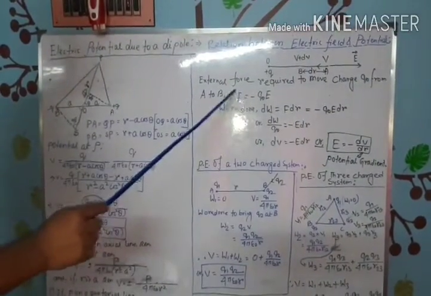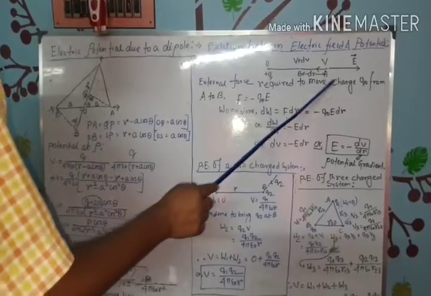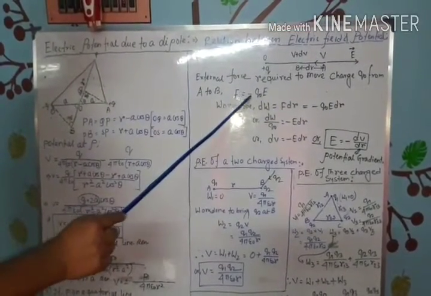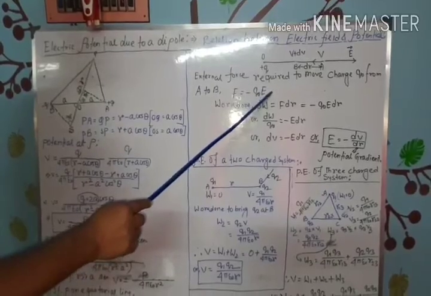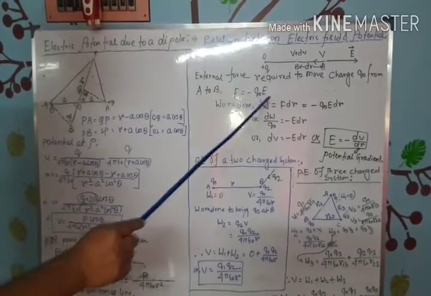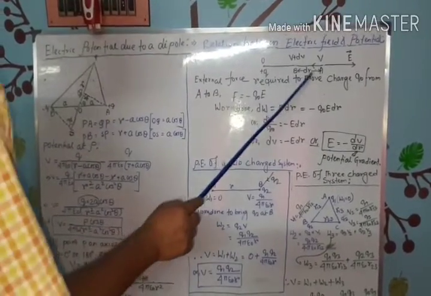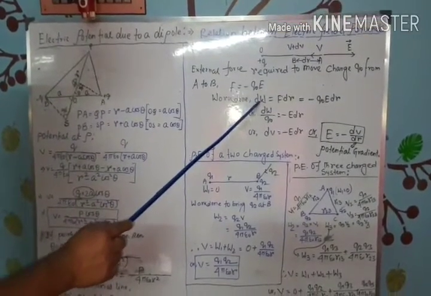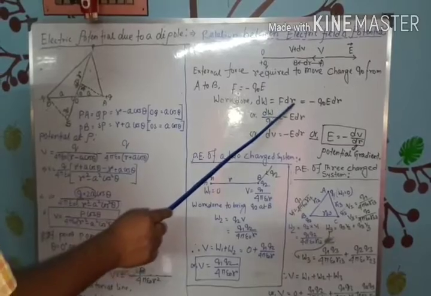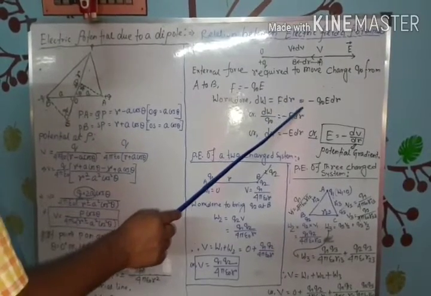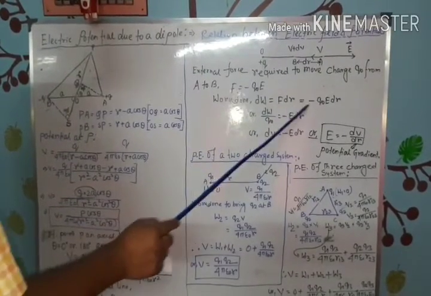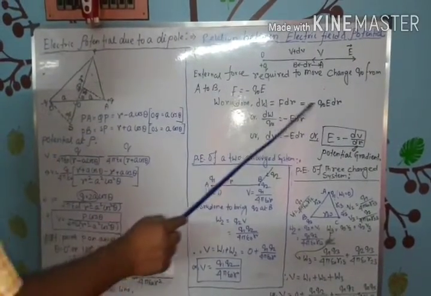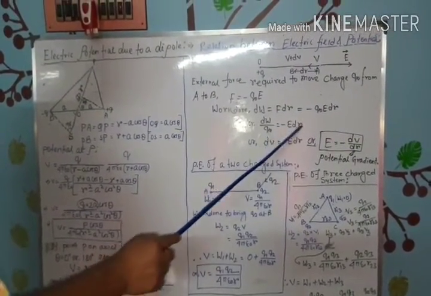That's why the external force required to move a charge Q0 from A to B is F equal to minus Q0 E. Under this force, to give a displacement from A to B, the work done is dW. The definition is force times displacement, F dot dr, which is equal to minus Q0 E dr. Now dW by Q0 equals minus E dr.